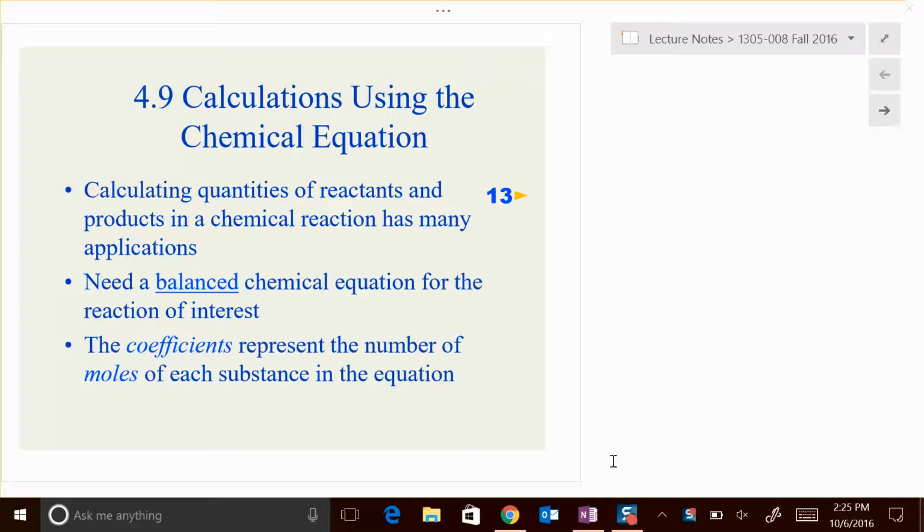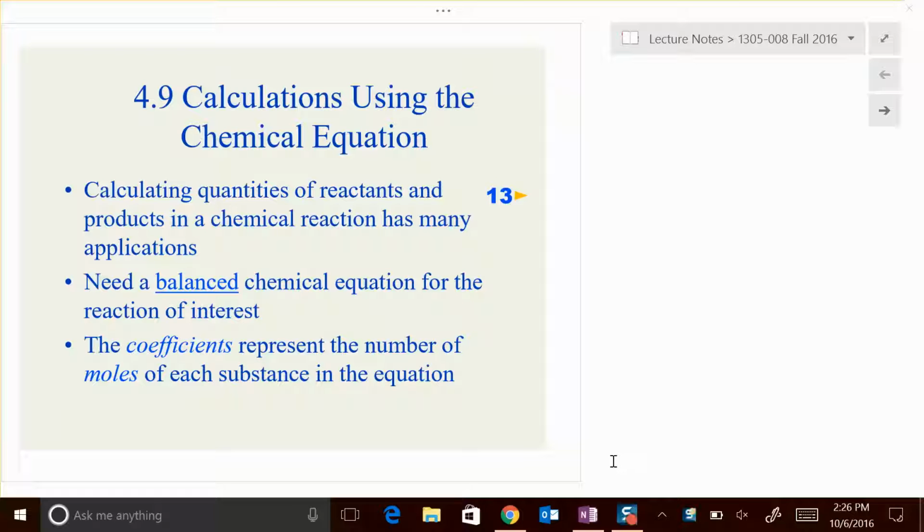All right, guys, so we're going to go ahead and now look at how we use these balanced chemical equations to do calculations of the chemistry that's happening. Okay? So basically, what is the reason behind actually balancing this?